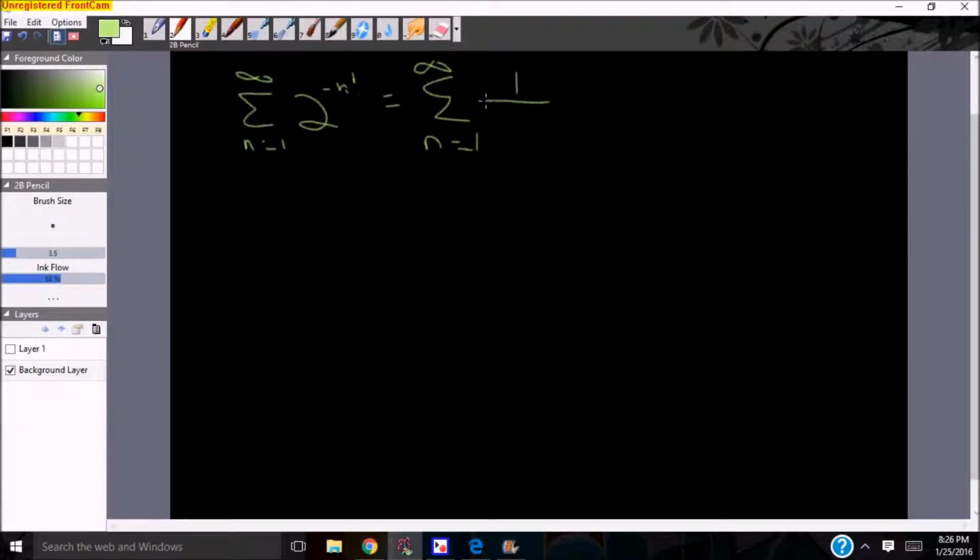This will be 1 over, since that negative exponent can make us take this to the denominator, 1 over 2 raised to the n factorial. So still pretty disgusting.